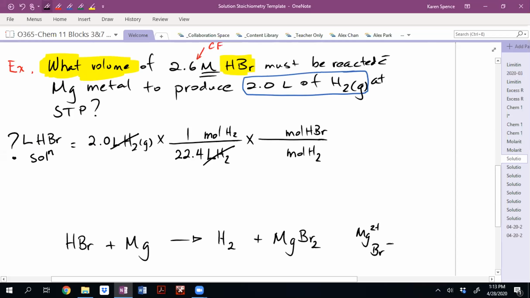So we take a look at that, and all we need to do to balance it is to put a 2 in front of the HBr. So that means we have a 2, and in front of the H2 there's a 1 that we haven't written. So we have 2 moles of HBr for every 1 mole of H2.